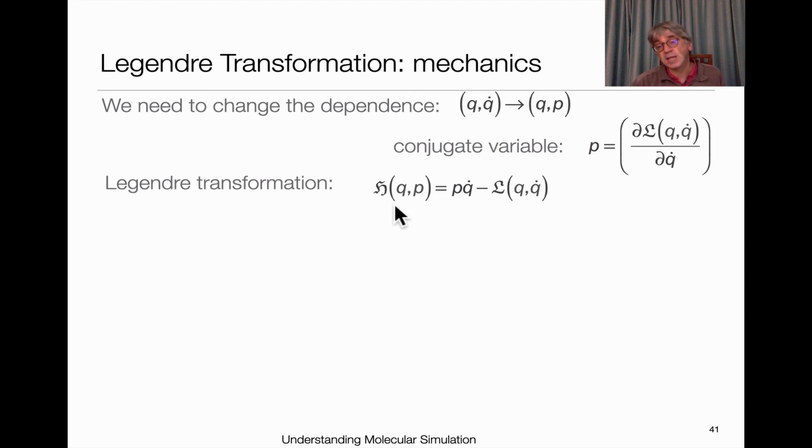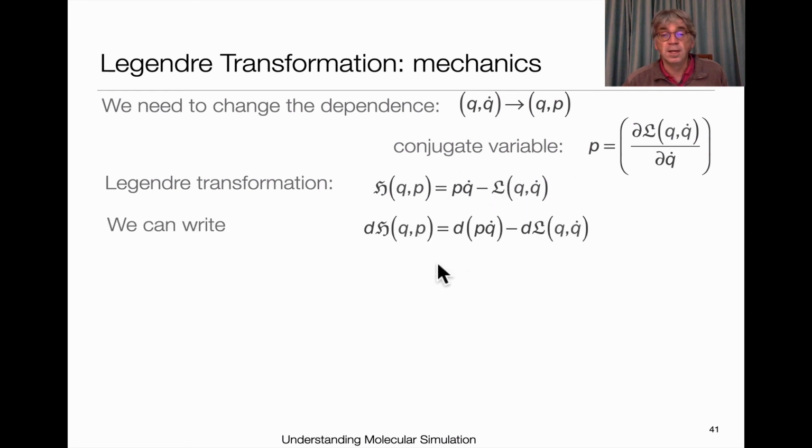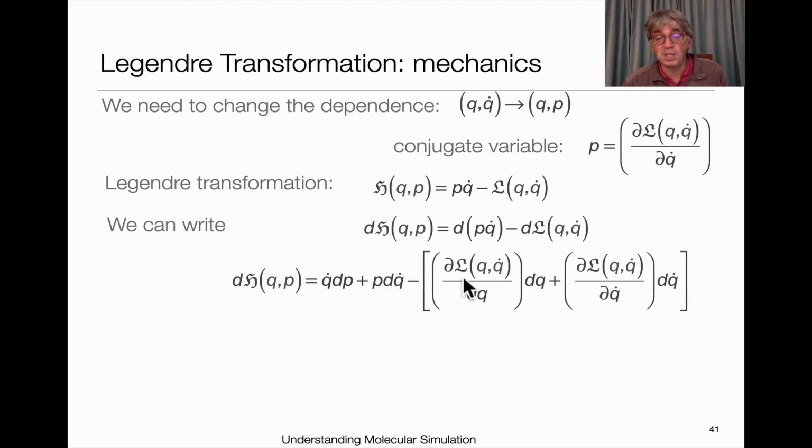The only thing is to get the Hamiltonian. Normally you would do L minus that one, but because of historic reasons, the minus sign is different. But that doesn't matter. So it's P times Q dot minus the Lagrangian, and this is this Lagrangian transformation. So we can write this for the derivative, and you see, you have Q dot P, this part and this part, and you see that those terms cancel because of the equations of motion.